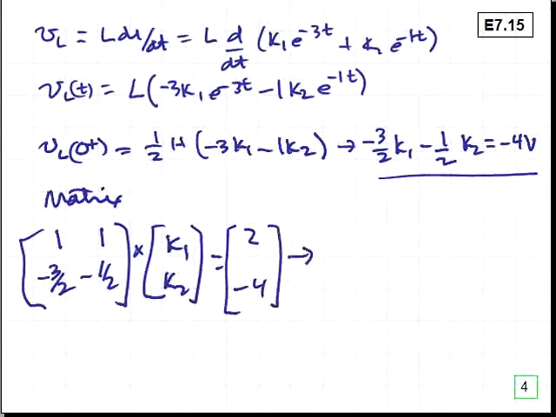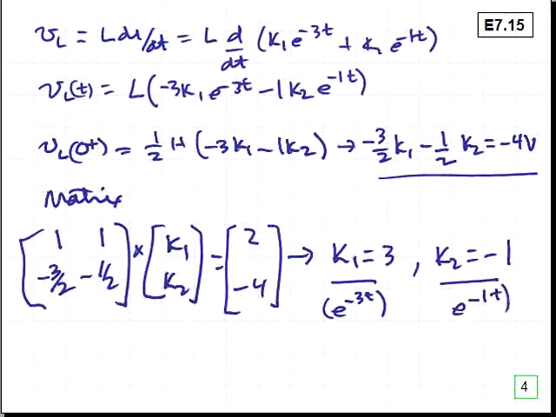This gives us that K1 is equal to 3 and K2 is equal to minus 1. That K1 goes with e to the minus 3t term, and K2 goes with e to the minus 1t term.